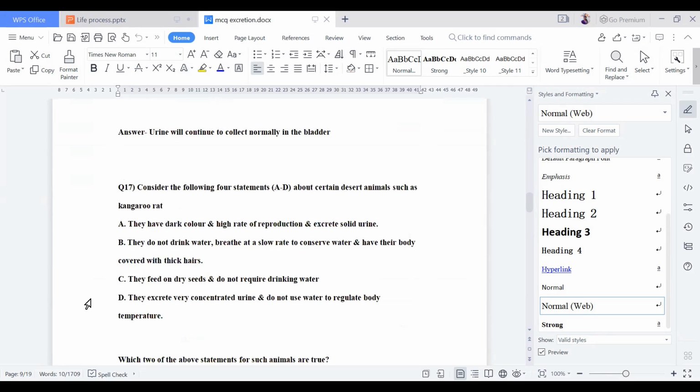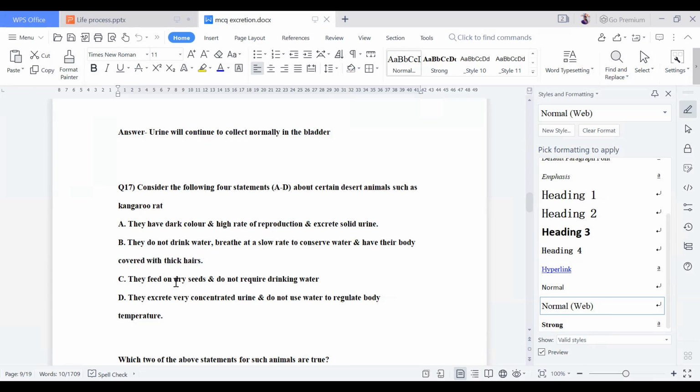Question number 17. Consider the following 4 statements A to D about certain desert animals such as kangaroo rat. Statement A: they have dark color and high rate of reproduction and excrete solid urine. Statement B: they do not drink water, breathe at a slower rate to conserve water, have their body covered with thick hair.